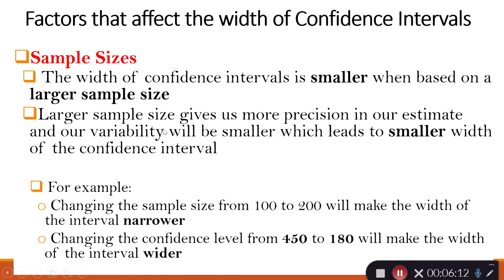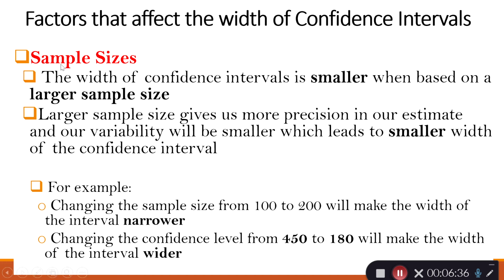Okay. So finally, sample size also plays a significant role when it comes to the width of the confidence interval. The width of the confidence interval is smaller when the sample size gets larger. So larger sample sizes make the width of the confidence interval smaller.